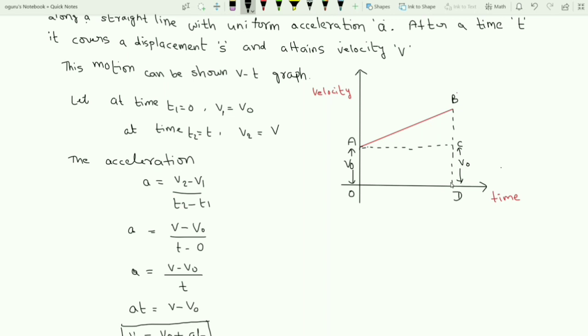Now OD, let us consider the time t. After a time t it covers a displacement s. AC is also equal to t, the final velocity is v, and this total is v. Then BC becomes v minus v0.